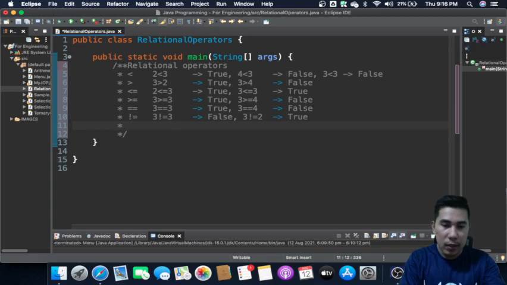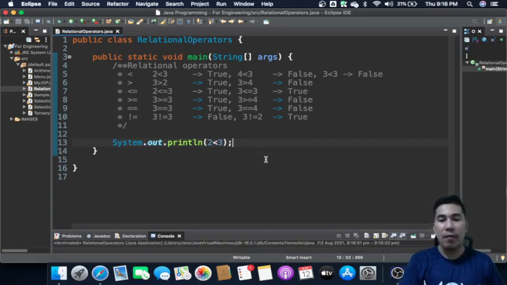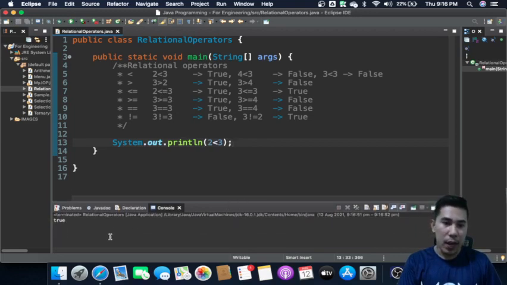So to test it out, let's say for an instance you have 2 less than 3, based on the above expression. It is expected that the value being returned is true, then we are correct.